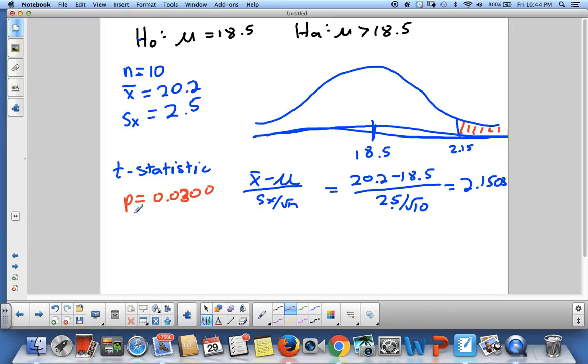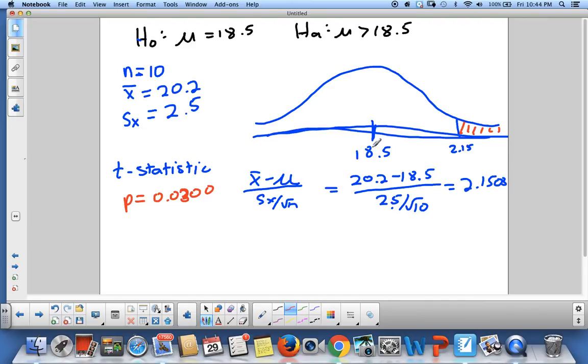The p-value tells us the probability of getting a value as extreme as we did, or more, simply because of randomness. If 18.5 is the actual mean, we're going to assume that to be true and try to show that it's unlikely that we would get this number out here.